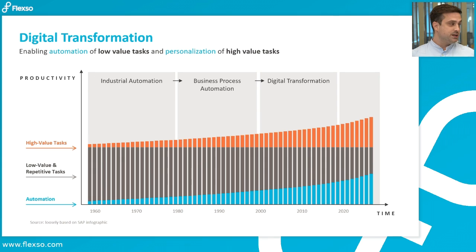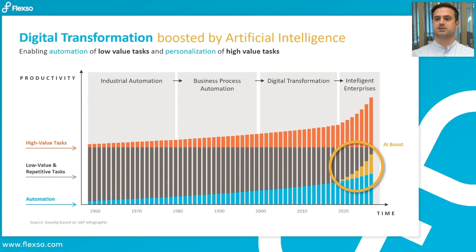What we see in automation mostly is that it's making low value and repetitive tasks more efficient, so that as a user, as a human, you spend less time on these tasks and focus more on the high value tasks. And this last aspect has absolutely exploded with the arrival of AI. We see in the intelligent enterprises that there's a significant AI boost where the low value and repetitive tasks are more taken over by AI, where human users can focus on the high value tasks.